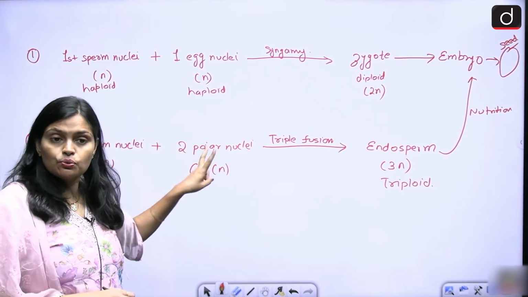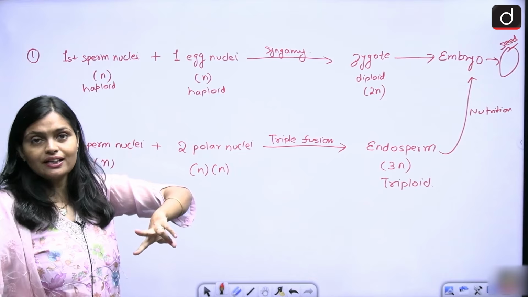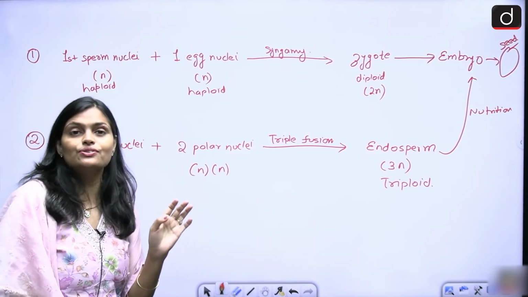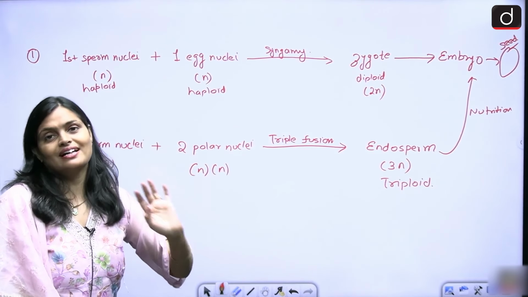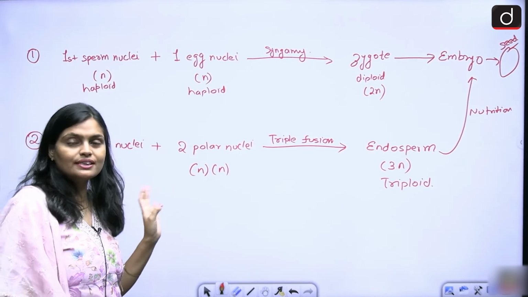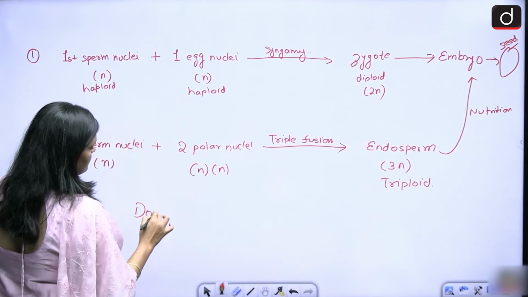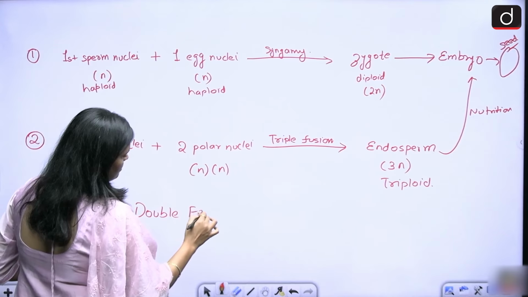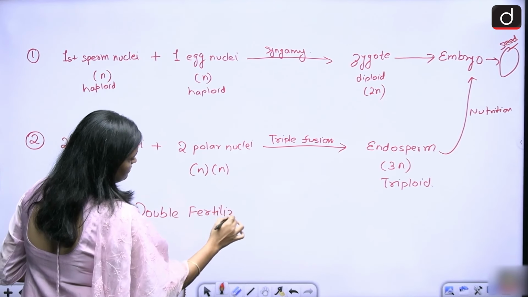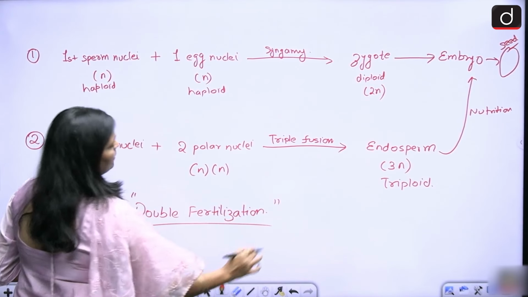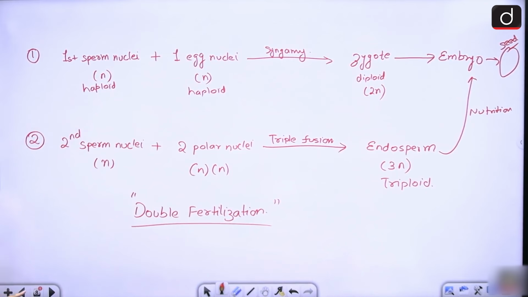Since 2 times fertilization takes place, first syngamy, second triple fusion, it is called double fertilization. Am I clear what double fertilization is? Fertilization takes place 2 times.